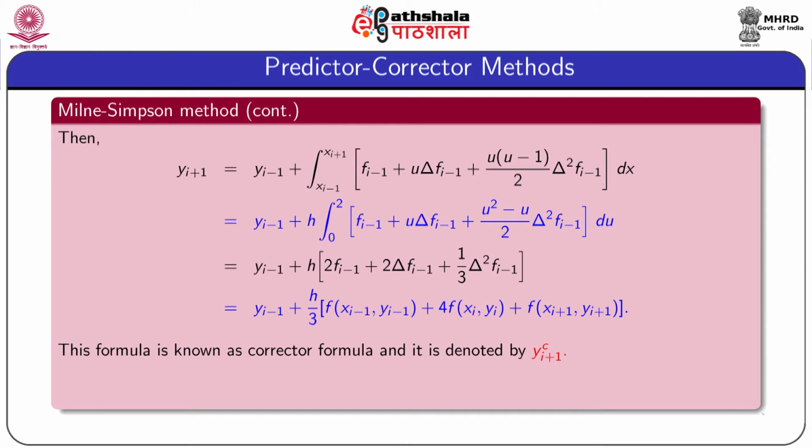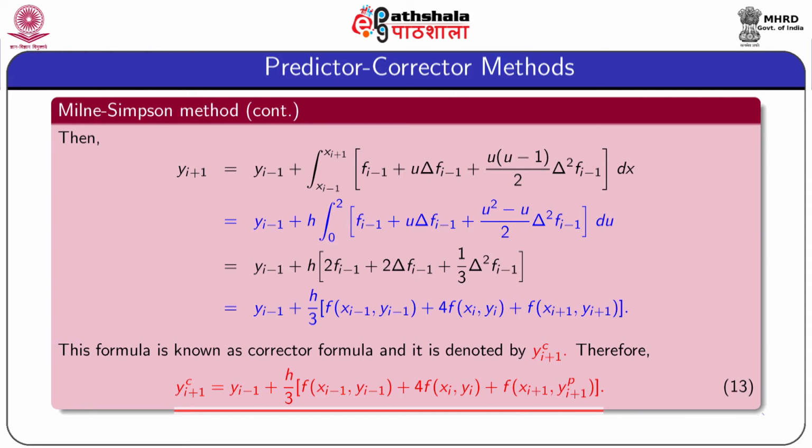This formula is known as the corrector formula, and it is denoted by y_{i+1}^c. Thus, y_{i+1}^c = y_{i-1} + (h/3)(f(x_{i-1}, y_{i-1}) + 4f(x_i, y_i) + f(x_{i+1}, y_{i+1}^p)), where y_{i+1}^p is the value obtained by the predictor formula.